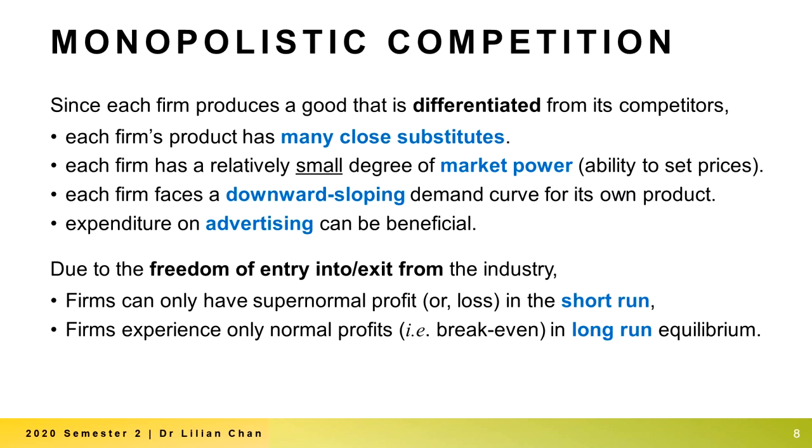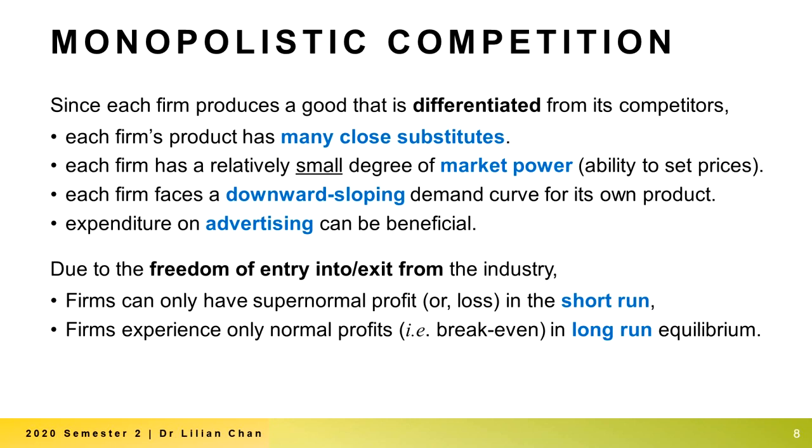But it is downward sloping, which means that when it wants to sell one extra unit of the good, it would have to lower the price of its product. Now, in this case, because the product is differentiated, it would be beneficial for the monopolistically competitive firm to advertise its product. It is not beneficial for perfect competition because your product would be identical to your competitor's product.